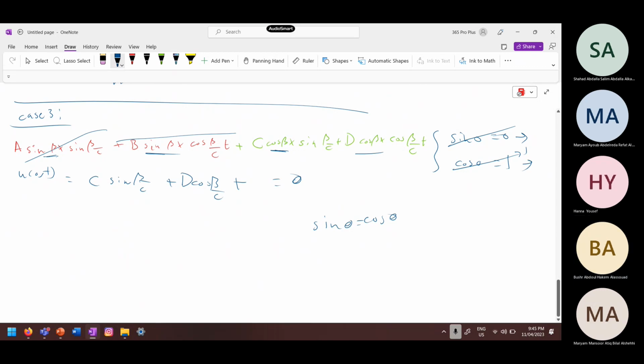Regardless of the factor, sine theta is not equal to negative cosine theta. Change D and C as much as you want, and you will not end up with equality. So this indicates that C and D are equal to 0. So basically the last two terms are useless.